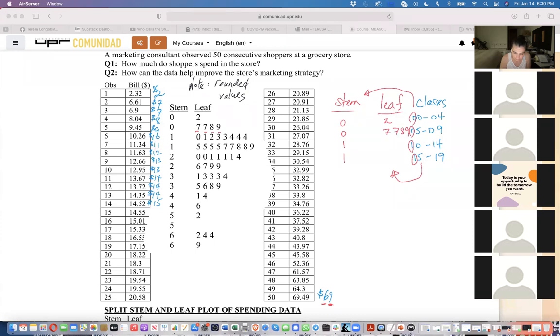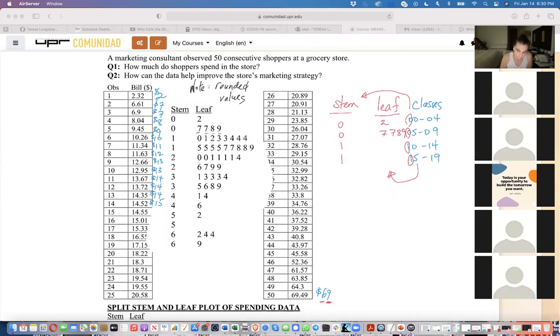The next is 11 because 1 and 1 makes 11. The next one is 12, 1 and 2. Then 13, 1 and 3, and then 14, 14, 14. So those are the numbers that correspond to these. Questions?